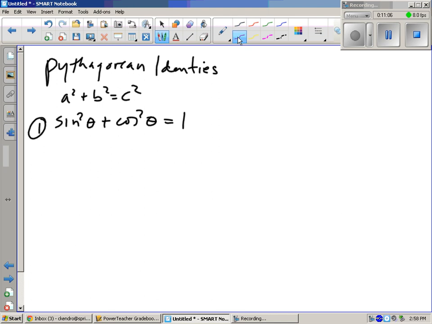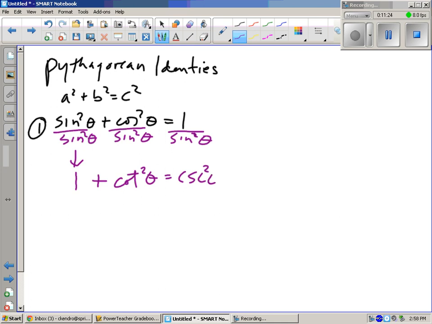And if I divide all of these by sine squared, I will get sine over sine is 1, cosine over sine is cotangent squared, and then the reciprocal of sine is cosecant squared. So that's version number 2. Now what if I divided all of them by cosine squared?